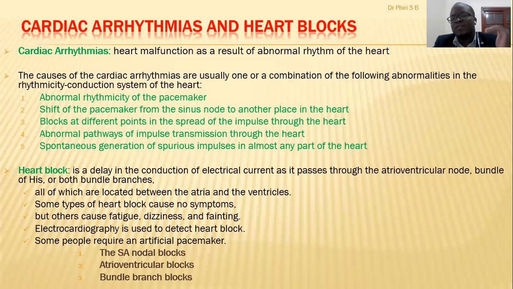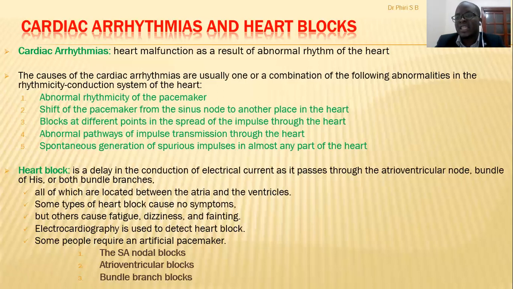For instance, if the action potentials are not moving from the atria to the ventricles, of course the atria could be contracting, but the rate at which the ventricles contract will change, maybe reduce, maybe pick up another rhythm because of the escape rhythm.